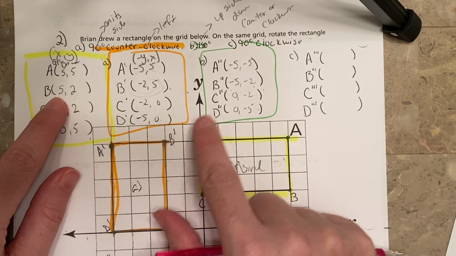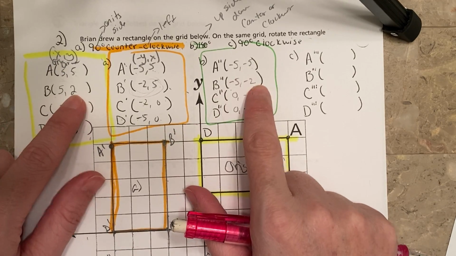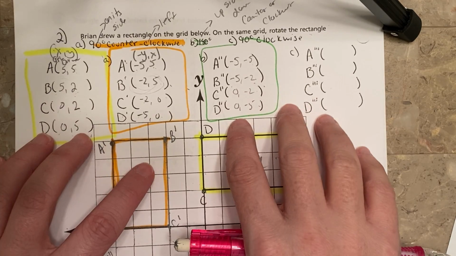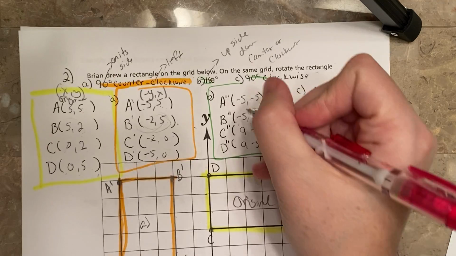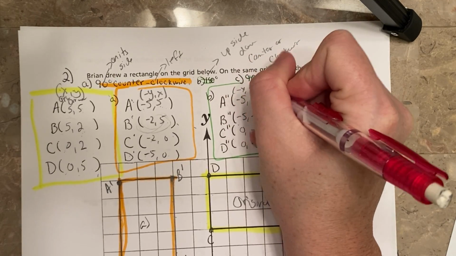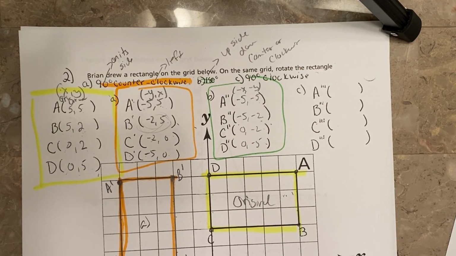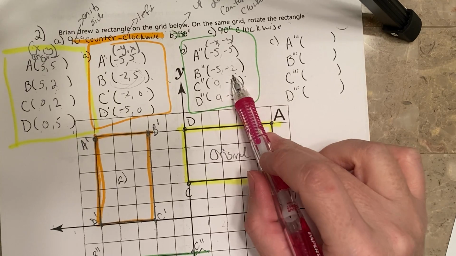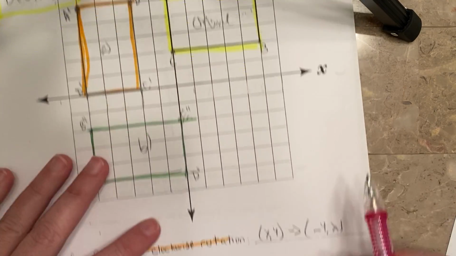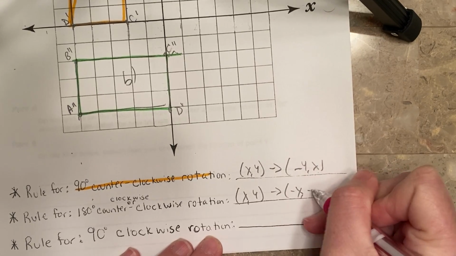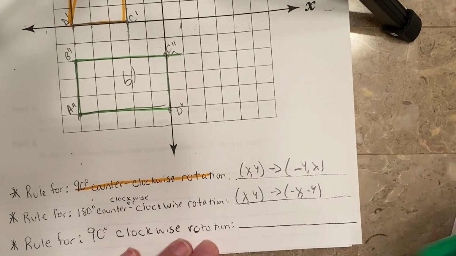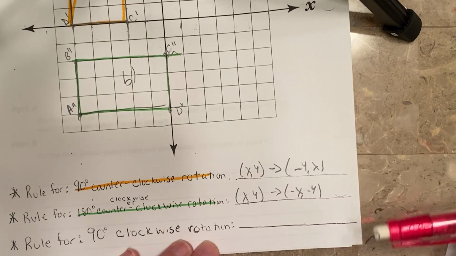Was the sign. So 5 became negative 5, 2 became negative 2. So they stayed in the same place. They just changed to a negative. So this would be negative x and negative y. This one's not a horrible rule, and thank goodness it's the one that's on the final too. So x, y goes to negative x, negative y, and that was our second one.